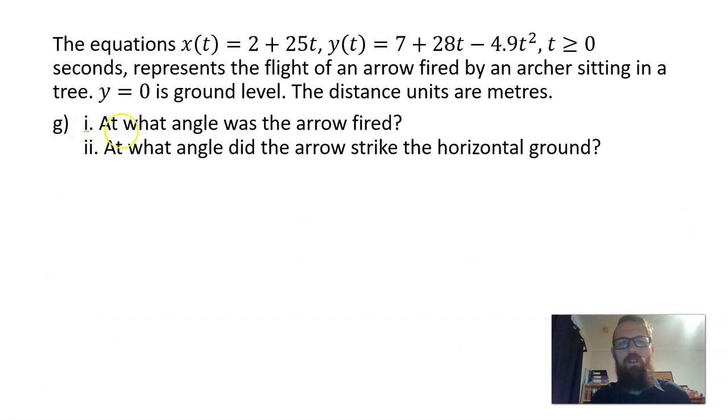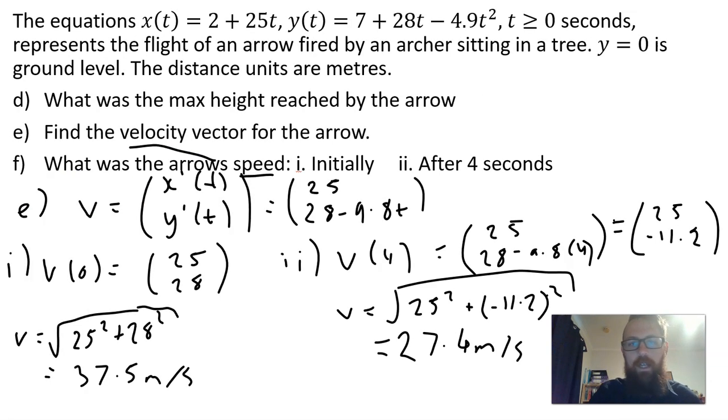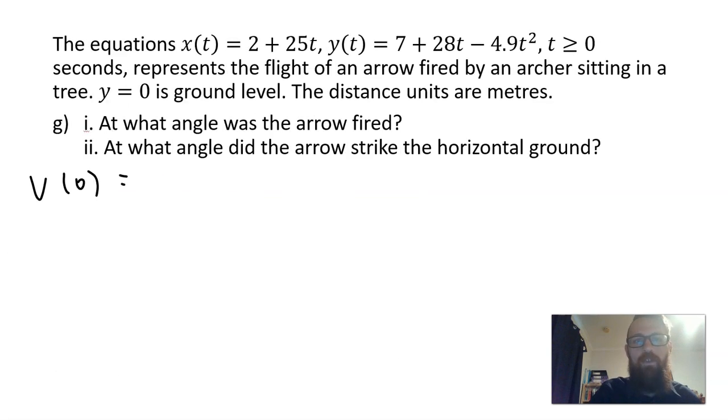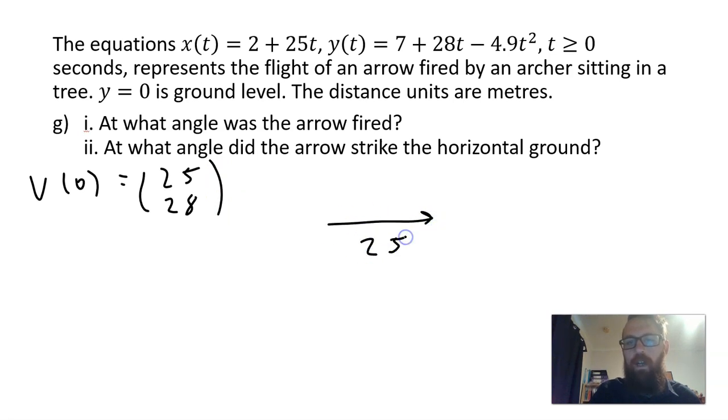So, G, at what angle was the arrow fired? All right. So what we want to do is find the velocity vector at t equals 0. So the velocity vector at t equals 0 was equal to, if we go back, have a look, 25 and 28. So what this means is the x component was positive 25, the y component was positive 28, and this was the total velocity here.